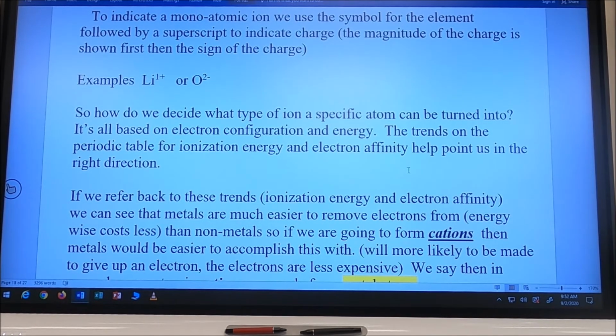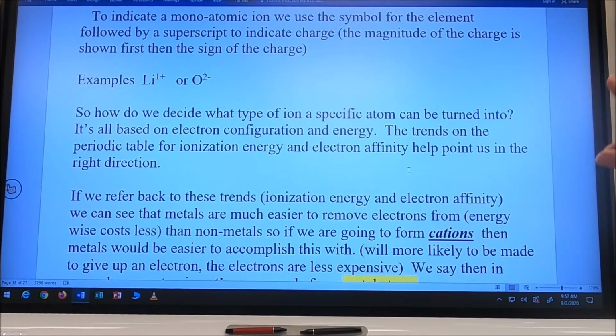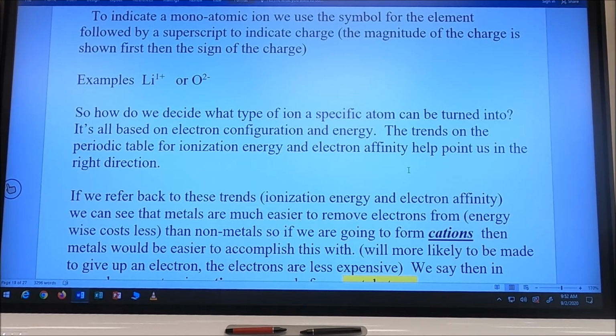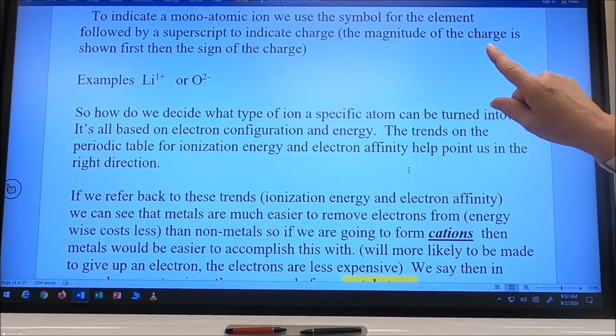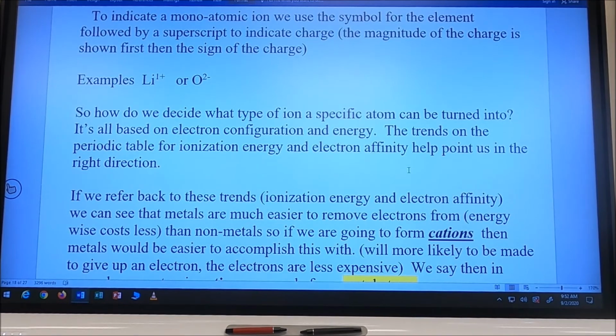It's a cation. Oxygen 2 minus means that I have an oxygen atom that took in 2 electrons, so I now have 2 more electrons than I do protons, and it's negatively 2 charged. One of the things that's important here is notice that the plus and minus is written behind the number. It's 1 plus, 2 minus.